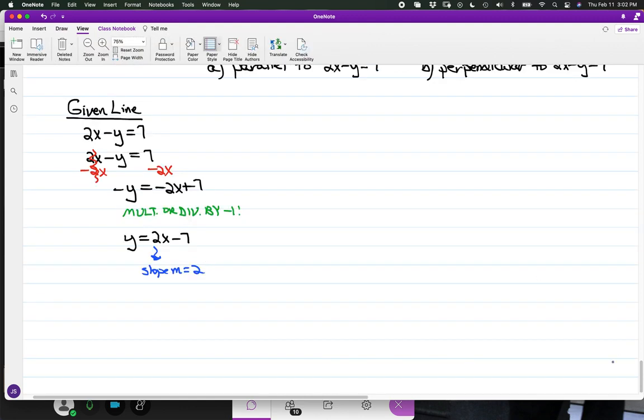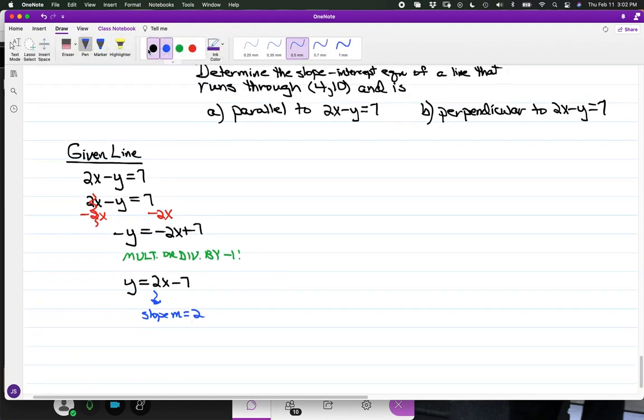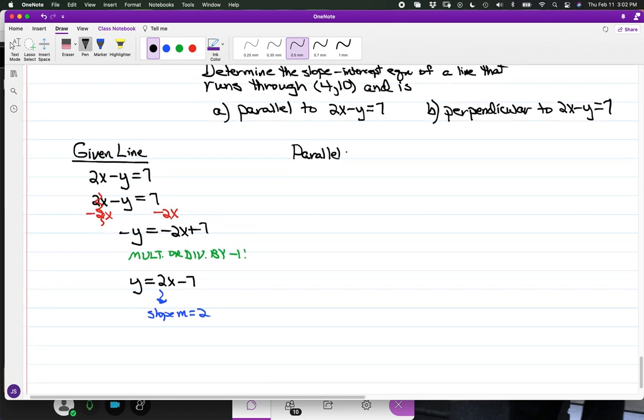And for the equation of the parallel line, again, parallel lines are going to have the same slope.